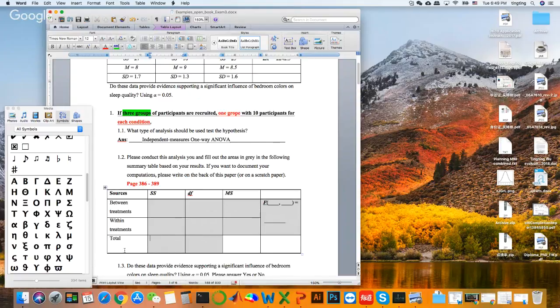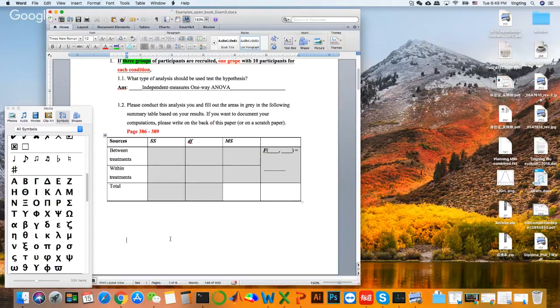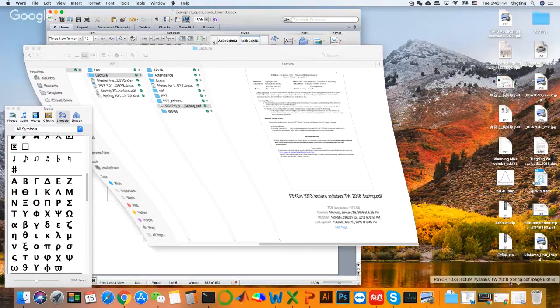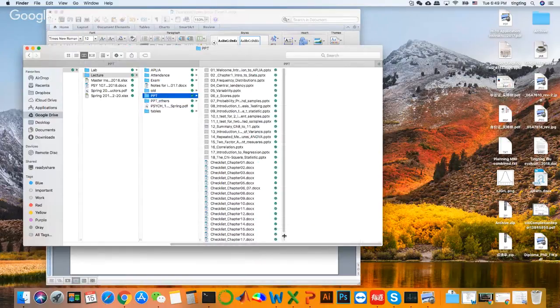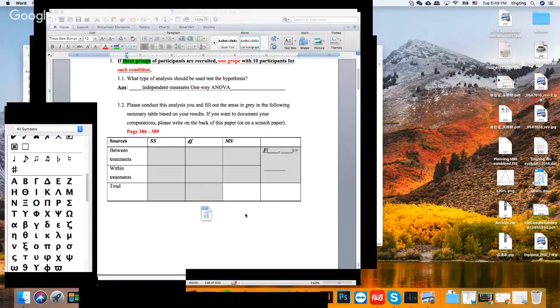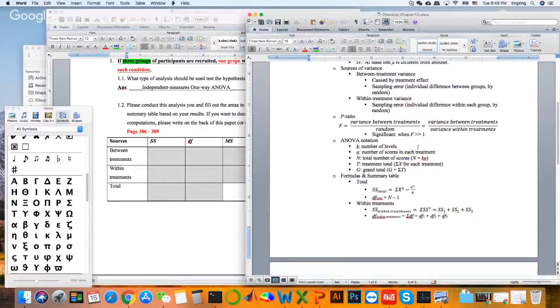So let's start with the total SS. Here's some space, and I will show you how to solve it step by step. So let's open the checklist. Where's my checklist? Checklist. Chapter 12. Here I have all of these formulas. I just copy and paste the formula.